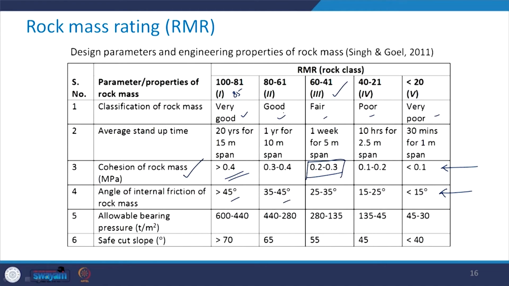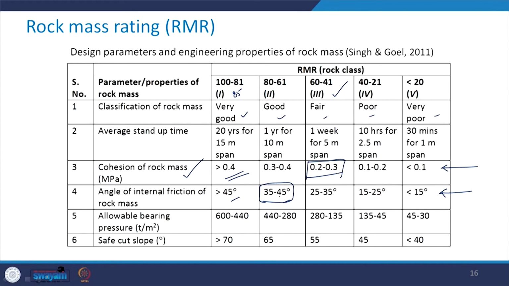For example, for good quality of rock mass, the range is between 35 to 45 degrees. You need to keep in mind that even for highly weathered rock, the angle of internal friction will be more than 14 to 15 degrees. So it will not go further below that, like it cannot be 10 degrees or 5 degrees.